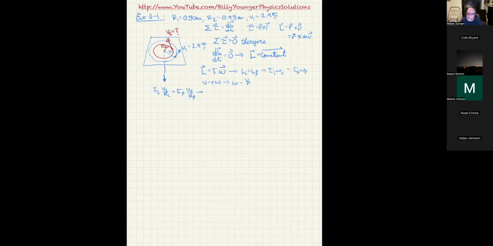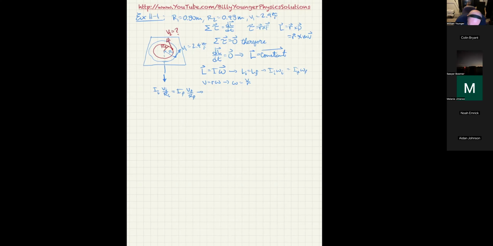Now, in this case, we actually have a point object, a mass m that's out some distance from the center, and all of its mass is acting as if it's concentrated at a distance r. So that's just like a hoop. Therefore, the moment of inertia is m r squared.